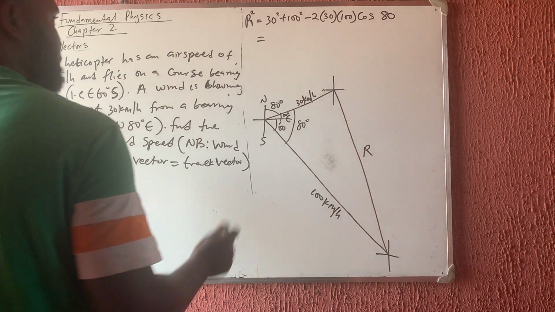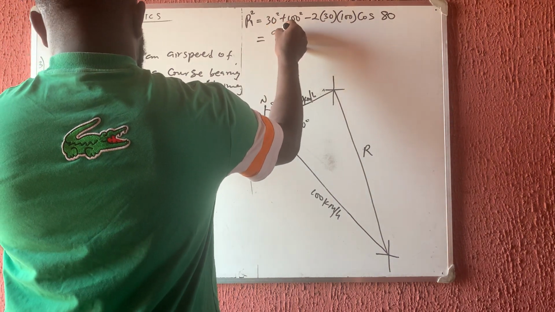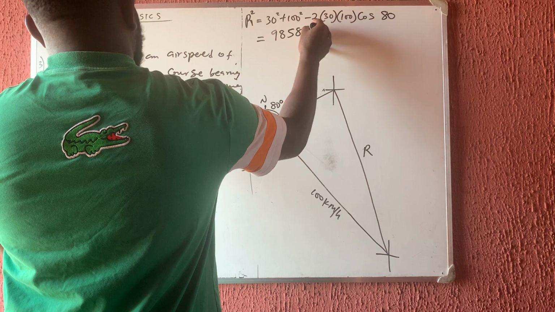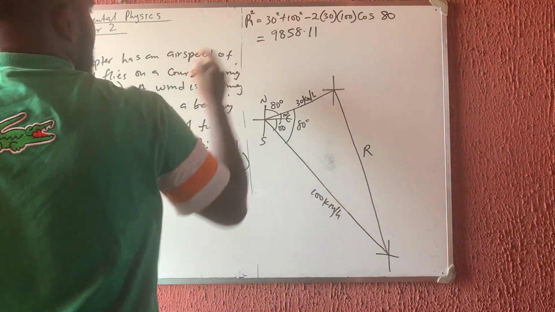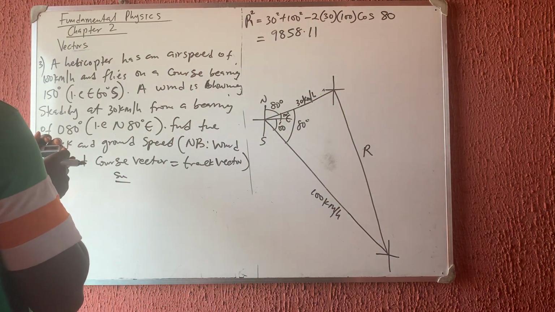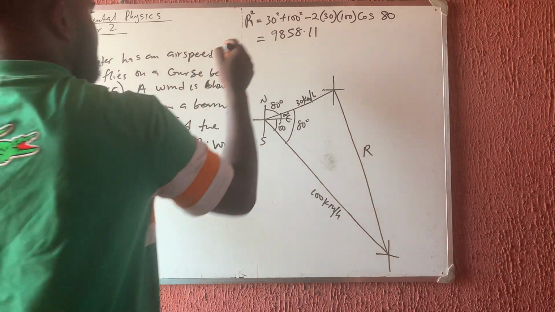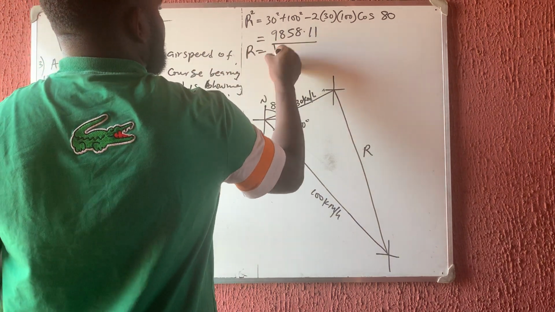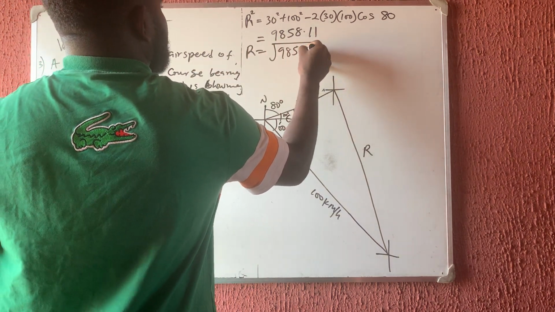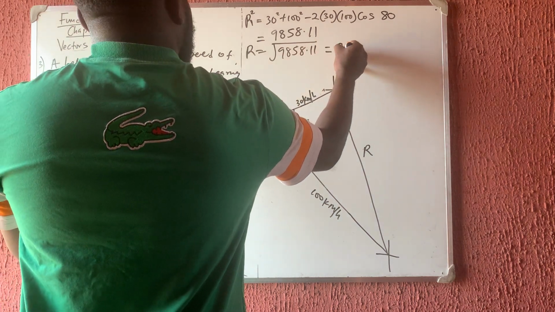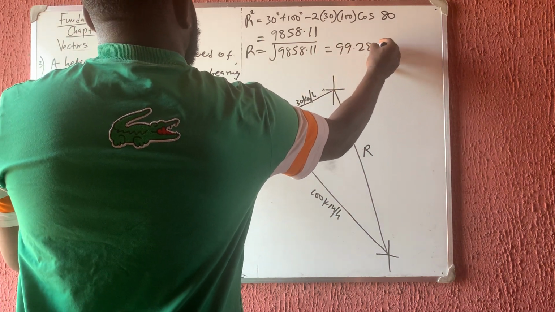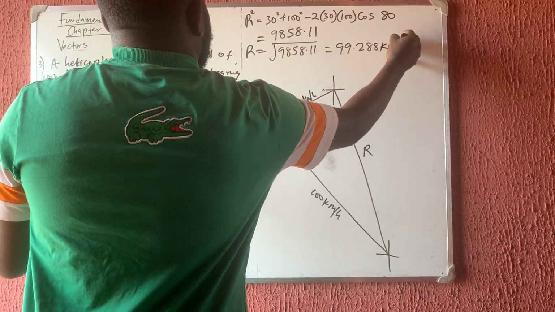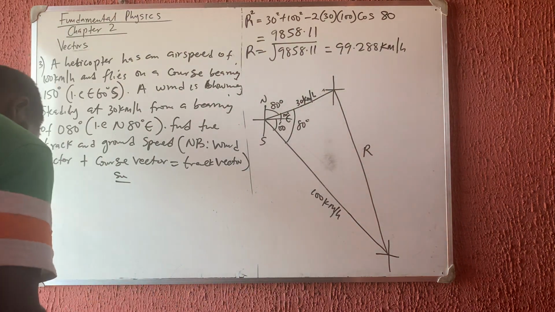Okay, so everything is giving me 9858.11. Okay, so then the square root of my answer. So my r will now be the square root of 9858.11, which will give you 99.288 kilometer per hour. All right.